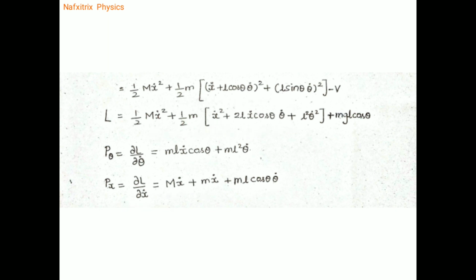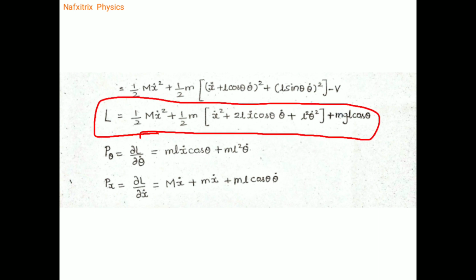Now another important thing is to find whether they are conserved or not. If you look at the Lagrangian, there is no x term. The x coordinate is absent in this entire Lagrangian. That means the Lagrangian is not depending on the x coordinate, so that is nothing but a cyclic coordinate. Then its corresponding generalized momentum would be conserved.